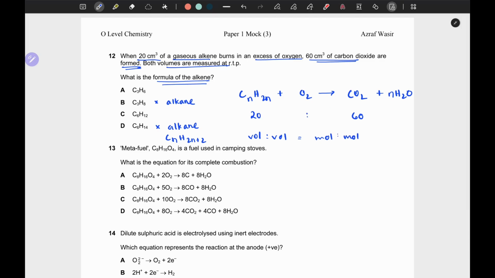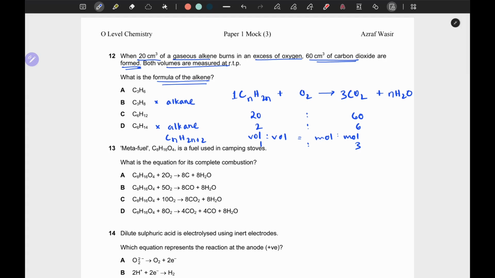It's 20:60, and if we simplify this, we get 2:6, and if we simplify it further, we get 1:3. So what we can basically conclude is, if we were to balance this, we would have a 1 over here and a 3 over here.